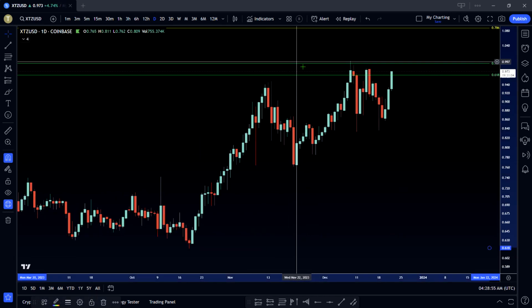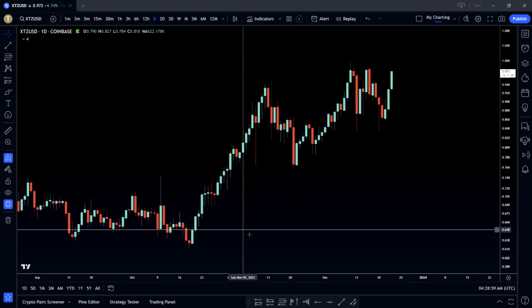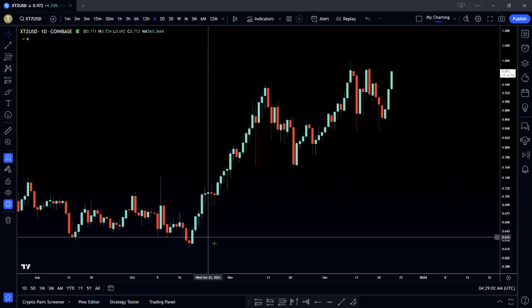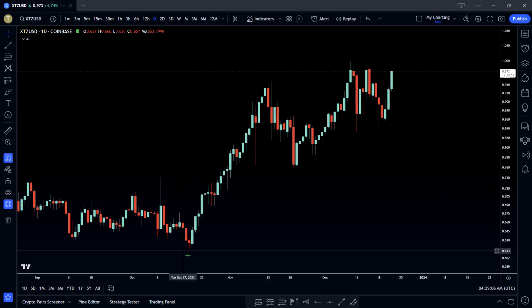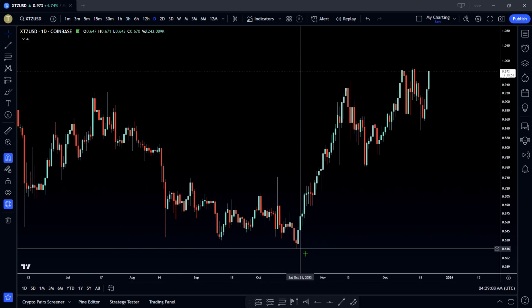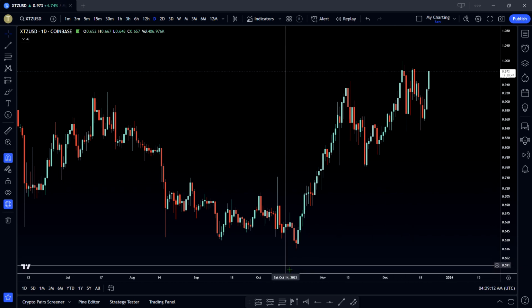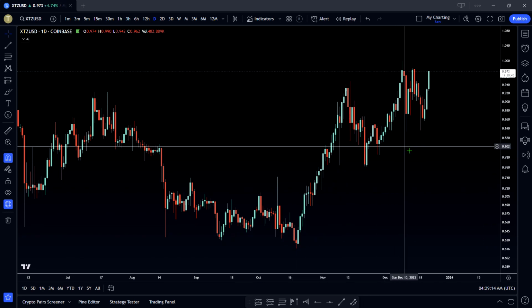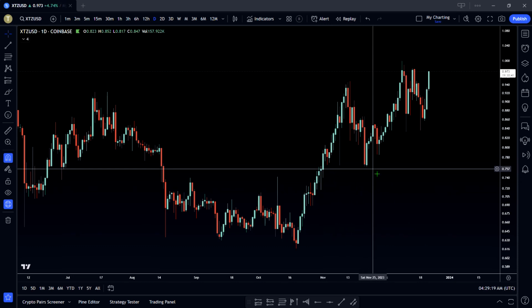Okay, so hope I'm not getting ahead. I'm trying to make sure I'm covering everything here. Okay, so for instance, here's our low, right? But look how weak that candle is. So let's say we had this massive rise up, right? Well, when it retraces, we want to know, dang, how could we have ever caught this right here?